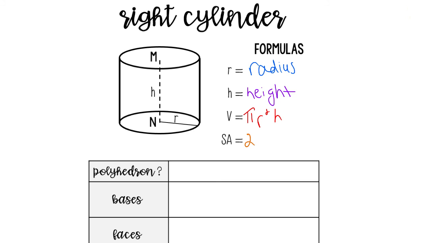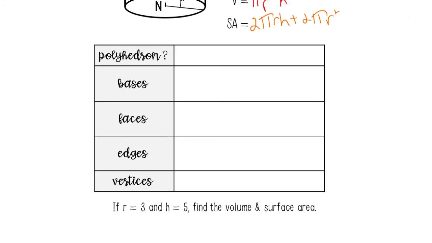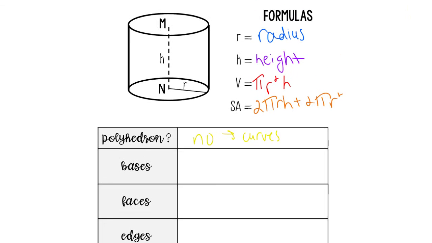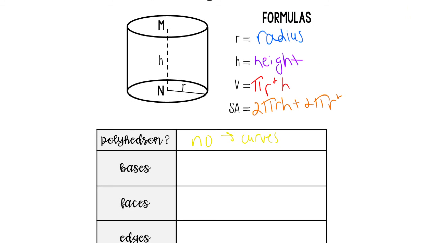And the surface area is 2 pi r h plus 2 pi r squared. Is this a polyhedron? No, because of the curves it has everywhere. Bases, we have 2. One circle on the top, one on the bottom. So circle M and circle N are our 2 bases.